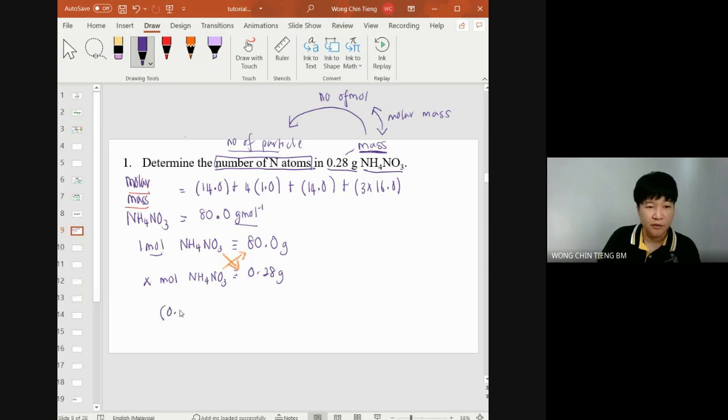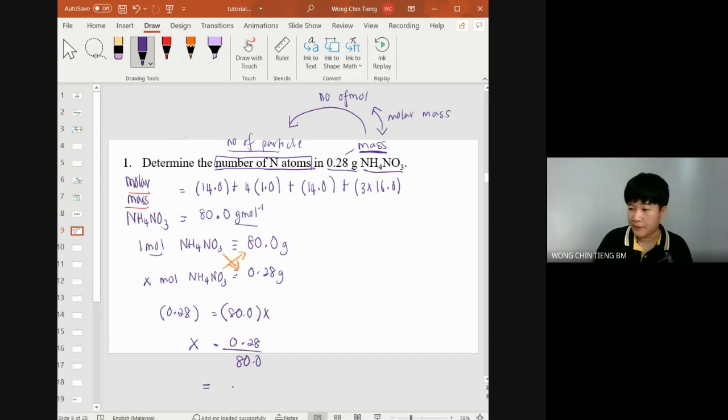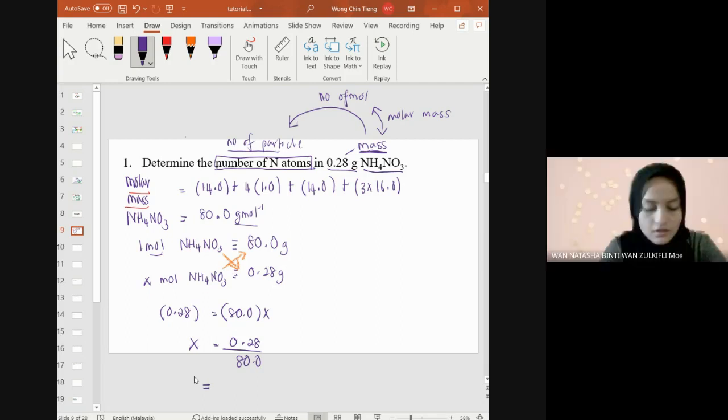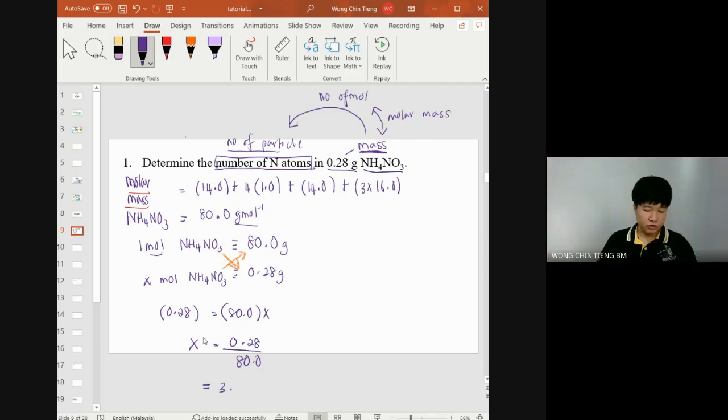So you have 0.28 equals to 80 times X. And your X calculated akan jadi 0.28 over 80. And that, Natasha, jawapan? 3.5 times 10 power of negative 3. 3.5 je, tak ada titik perpuluhan apa-apa. Okay? 3.5 times 10 to the power of negative 3.